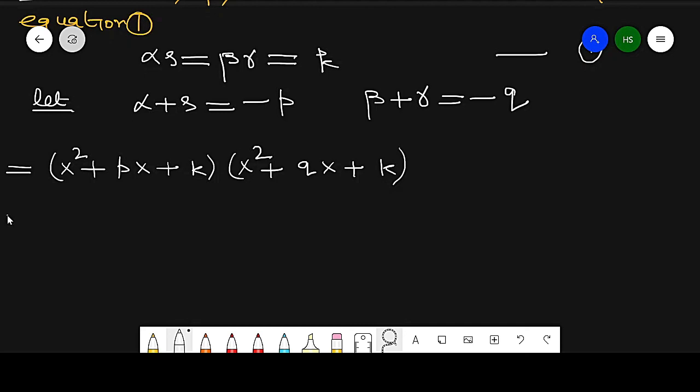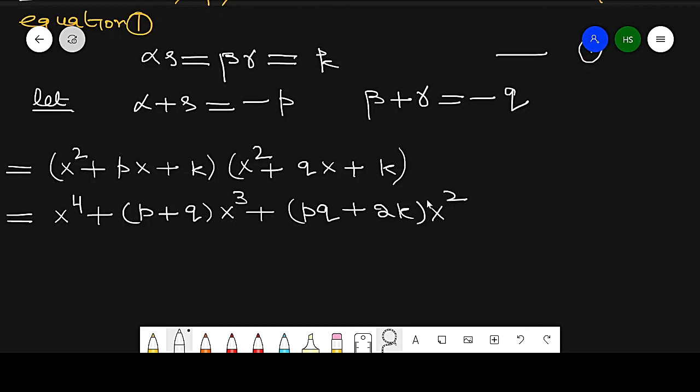Now simplify and compare with equation number 1. We get x raised to power 4 plus (p plus q) x raised to power 3, then the coefficient of x square, which is pq plus 2k, and the coefficient of x, which is k times (p plus q), plus k square.